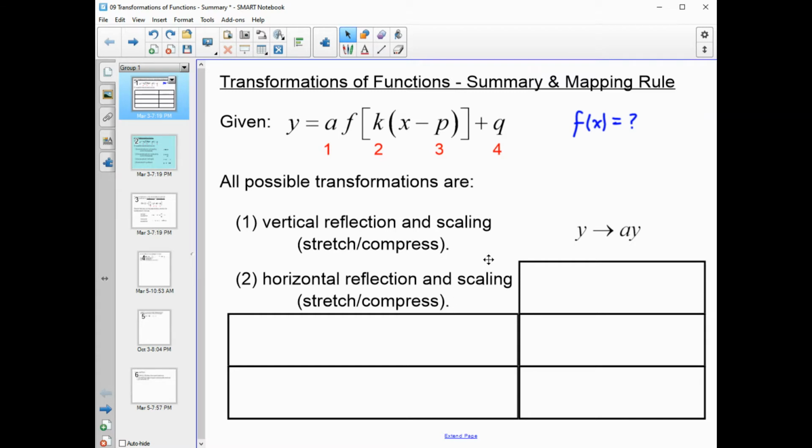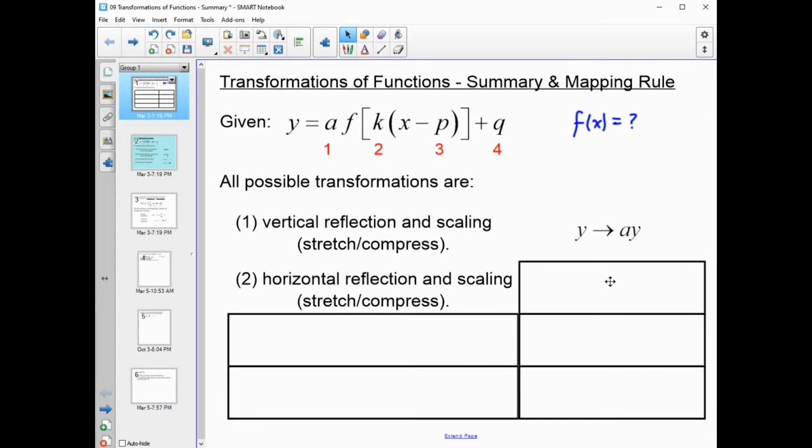By this point, you should be familiar enough with what that scaling looks like and realize that when we have big numbers here, for example, if I had 5 there for k, that would actually mean a compression. And if I had 1/2 for k, so a number less than 1, that would actually mean a stretch.